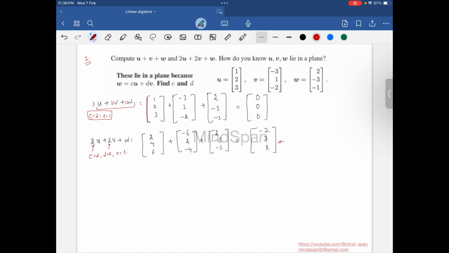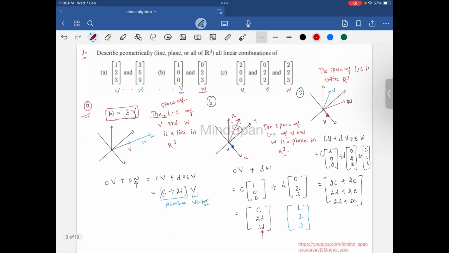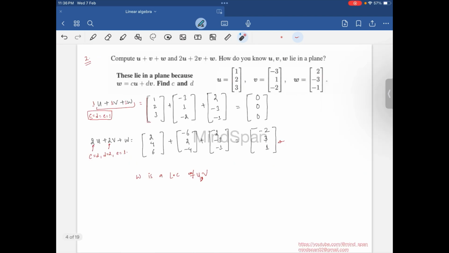Okay, so we know that w is a linear combination of u, v, right? In question 1 you see that all these 3, u, v, w, were in different directions, right? But here what is happening is that these 2, u and v, are in different directions, but this w is in the plane described by u and v, right?